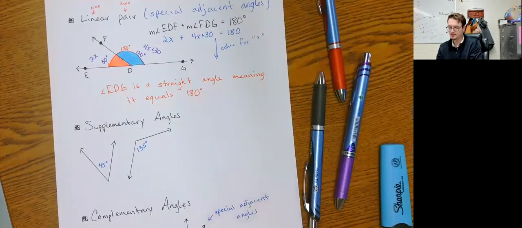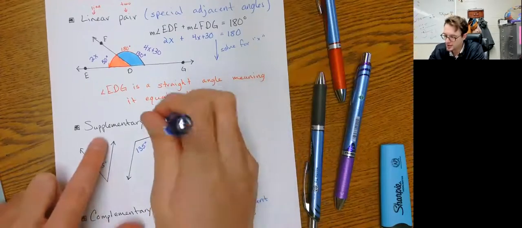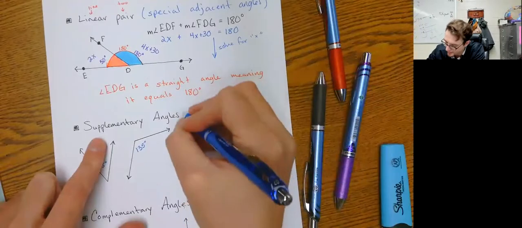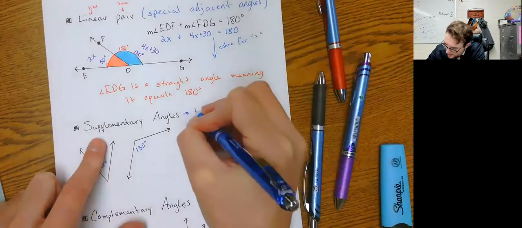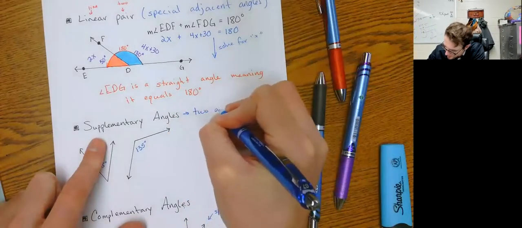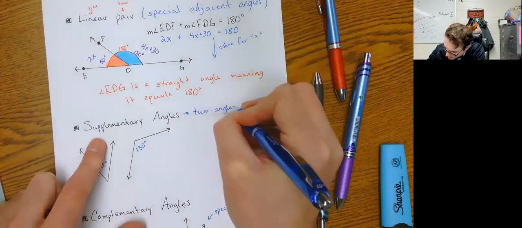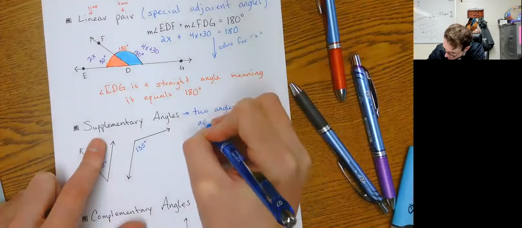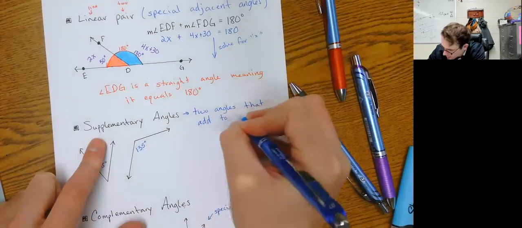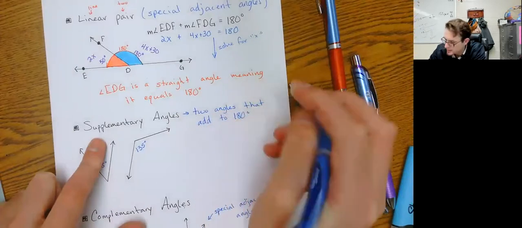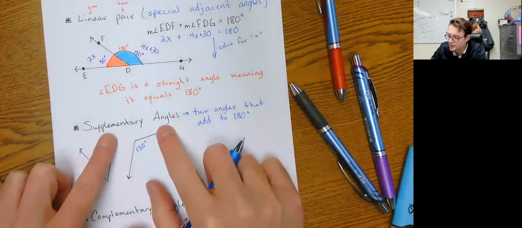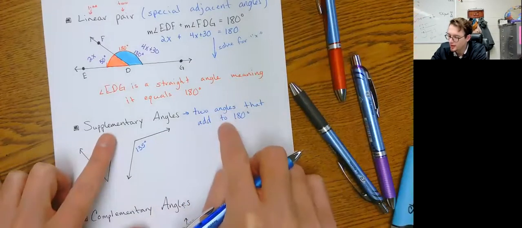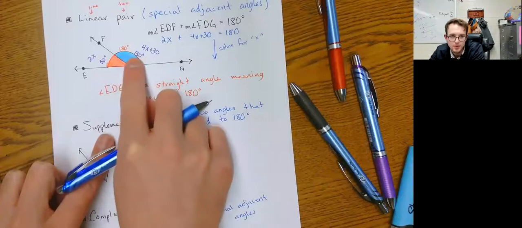This kind of leads into supplementary angles, because supplementary angles means two angles that add to 180 degrees. So if supplementary angles are two angles that add to 180, well, didn't these add to 180?